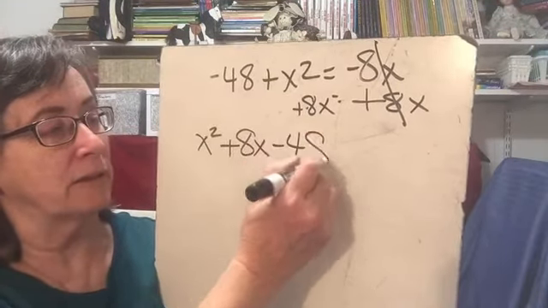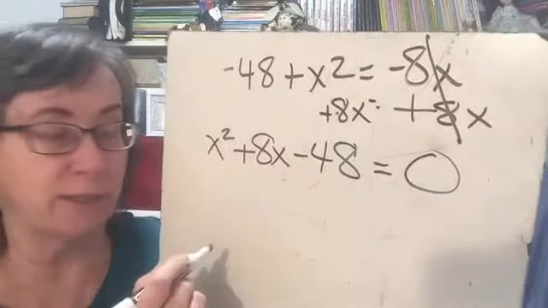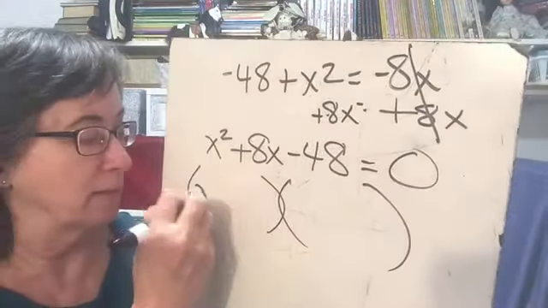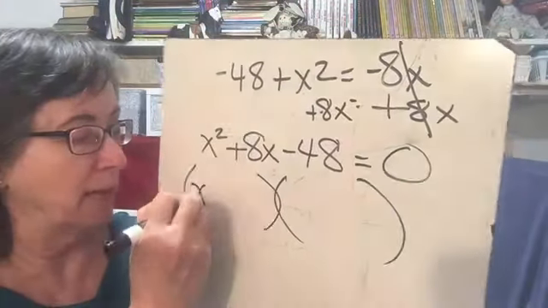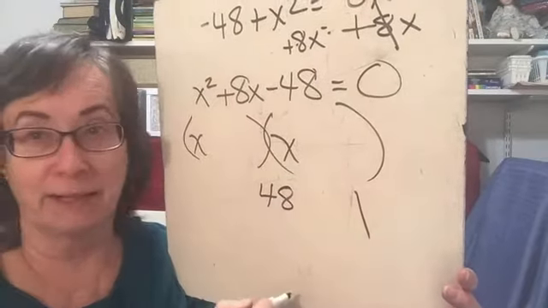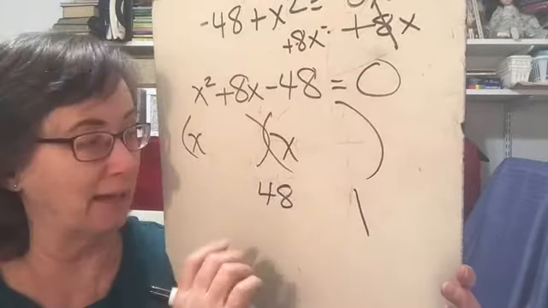Okay, so now we're going to factor this left-hand side. Well, I know the first part is a 1x squared, so it's going to be x. 48 is going to be these two multiplied together, and it's negative. That means this is a difference. So let's think about factors of 48. 48 and 1. Well, that doesn't have a difference of 8.